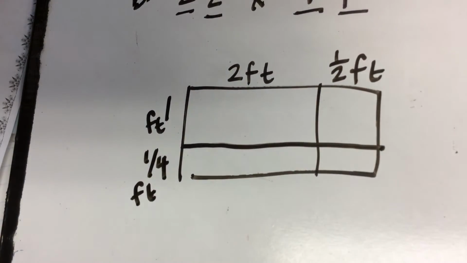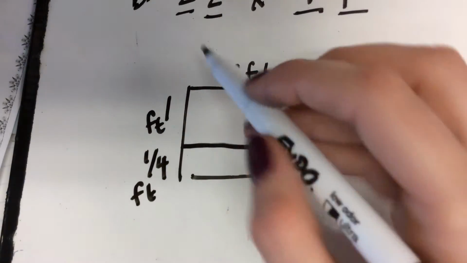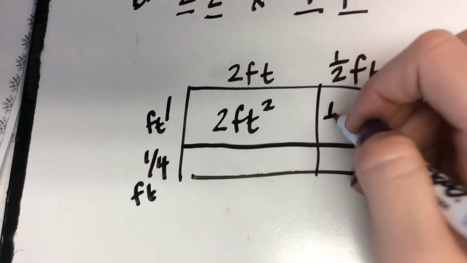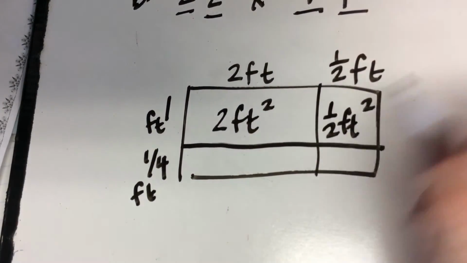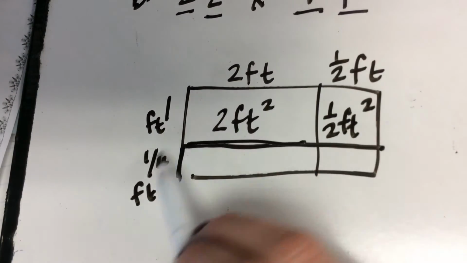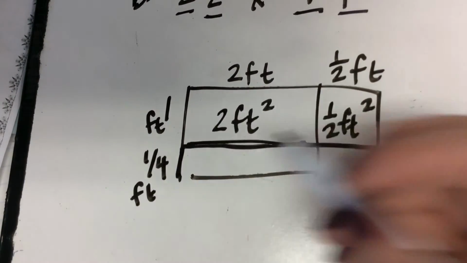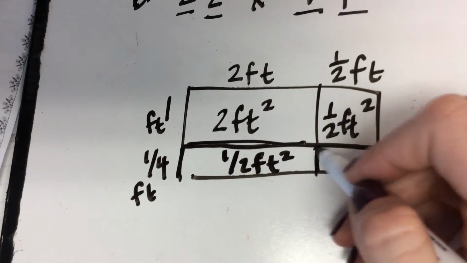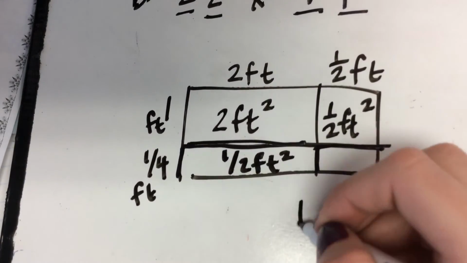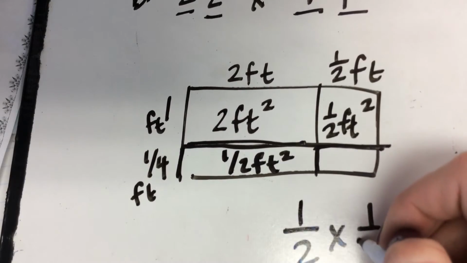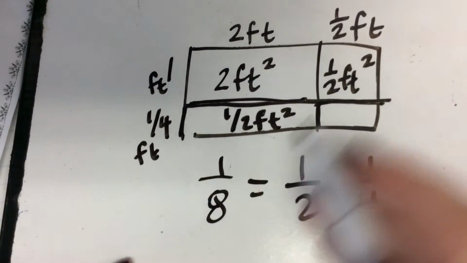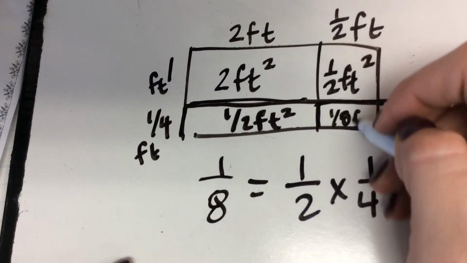Now we have 4 partial products that we'll do. 2 times 1 is 2 feet squared. 1 times 1/2 is 1/2 a foot squared. Length times width will be 2 times 1/4, which gives us 2/4, or 1/2 of a foot squared. And then length times width is 1/2 times 1/4, which is just 1/8 foot squared.